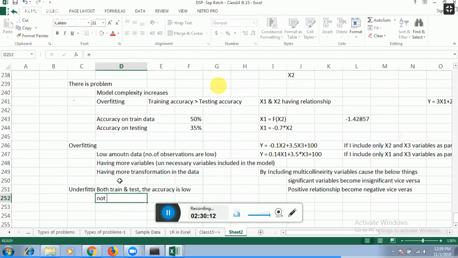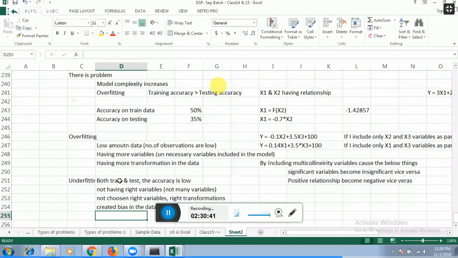One reason is not having the right variables, or not many variables, or not having chosen the right variables and right transformation, or having created a bias in the data by data preparation. Like you included a lot of observations that were missing, filled with the mean or something, which creates a lot of bias in the data.